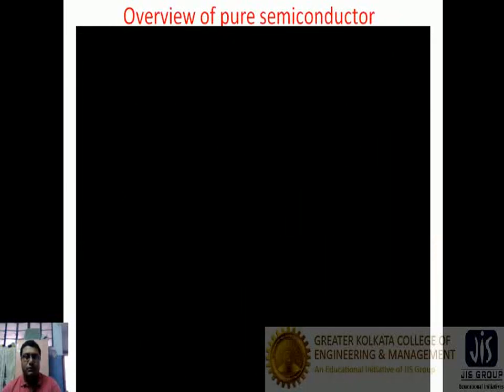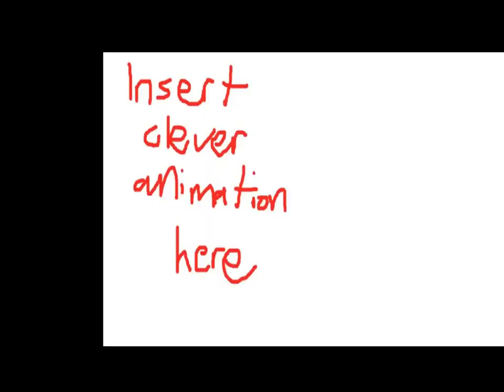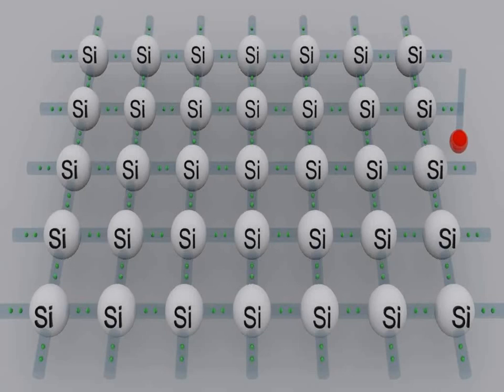But before that, we'll discuss an animation video of this pure semiconductor. Let's have a look. Let's pretend that they're a flat sheet like that. Each silicon has 4 bonds. Now let's zoom in and look at one individual silicon atom.